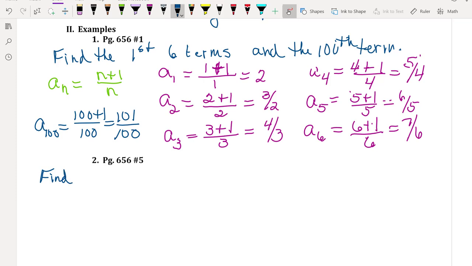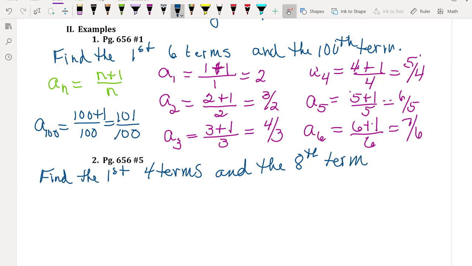Now number 5, on the other hand, on the same page, says to find the first 4 terms and the 8th term. Now we have to be given some information.